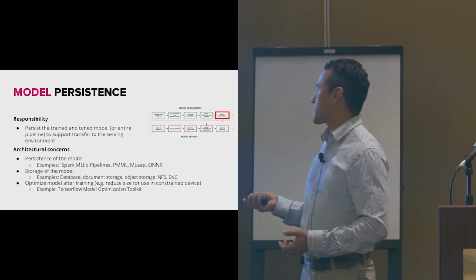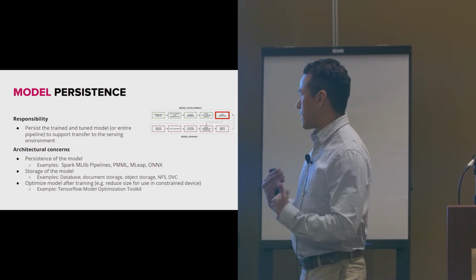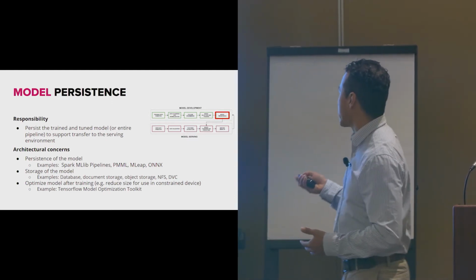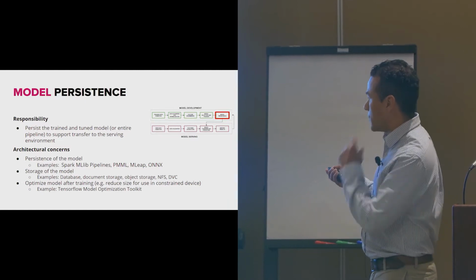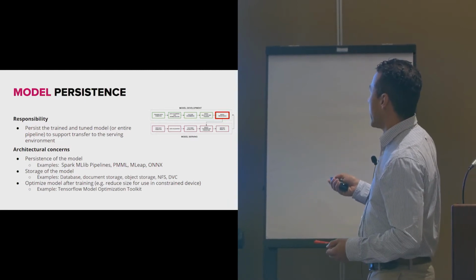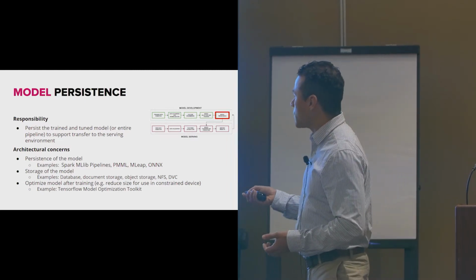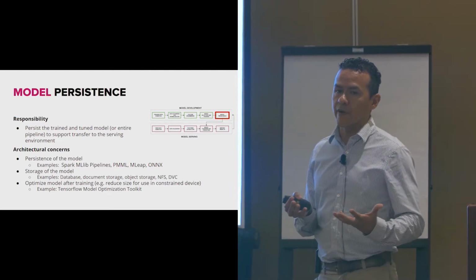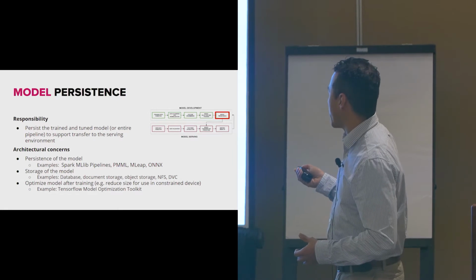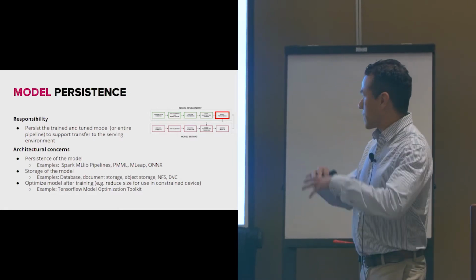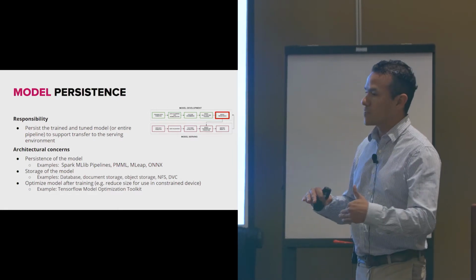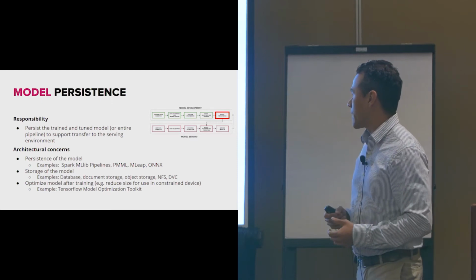Some frameworks have specific mechanisms so that the model is persisted here and recovered here, but with the same framework. And there are other approaches that are independent of the framework, like PMML, where the model is stored in a representation that can be used with a different runtime in the serving environment.